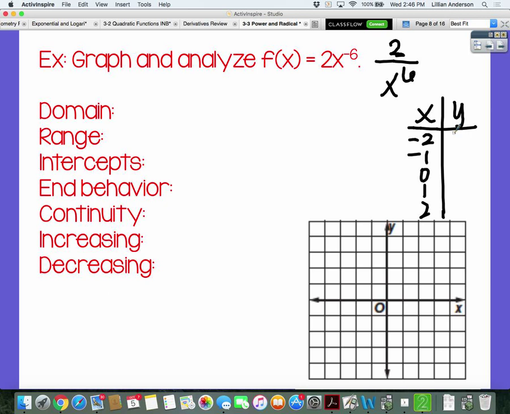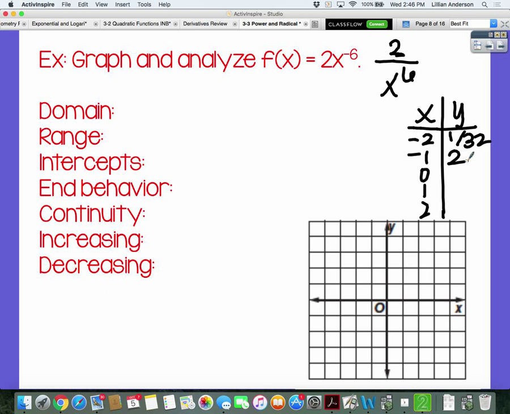And can I simplify that? 1 over 32. What's negative 1 to the 6th power? 1. So 2 over 1 is 2.